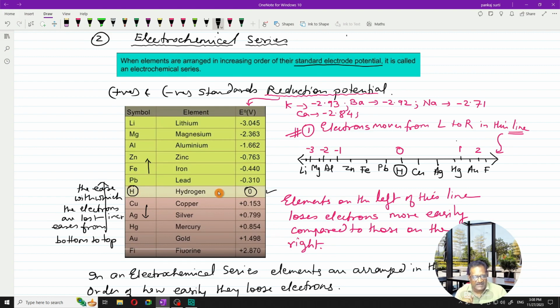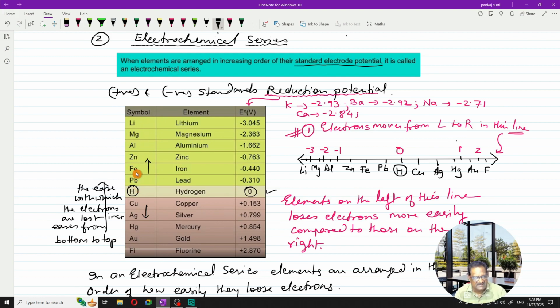With hydrogen being the reference point, all these other elements, that is lead, iron, zinc, aluminium, magnesium, lithium, and there are many more, are a few of them shown in this series. There are many more missing from this.